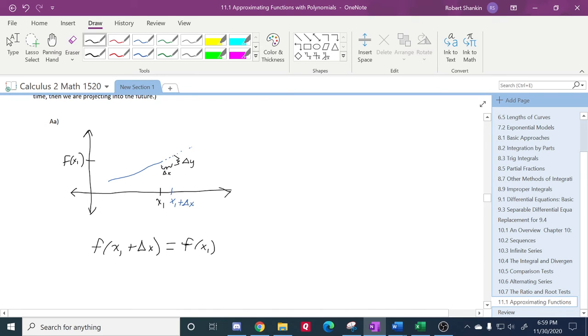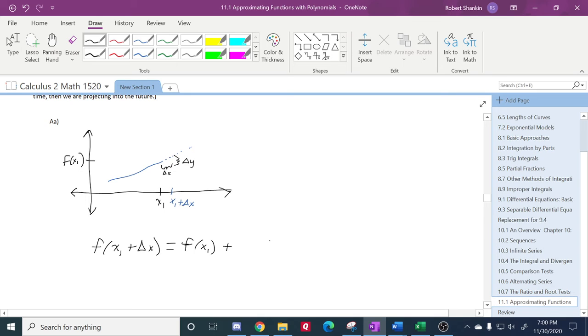Now, if you didn't know what was happening before x1, you would just project out horizontally. Your best projection in the future then is just that it's going to stay at the height of f of x1. But since we have this data from the past, we'll use that. We'll say, it's increasing, so we'll be adding something. But how much do we add?